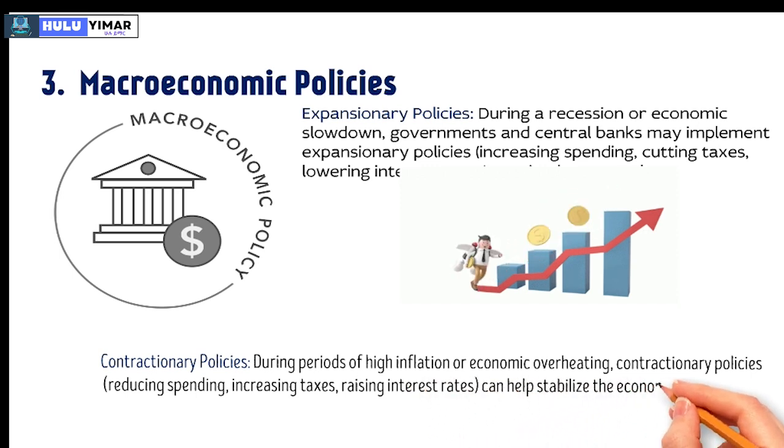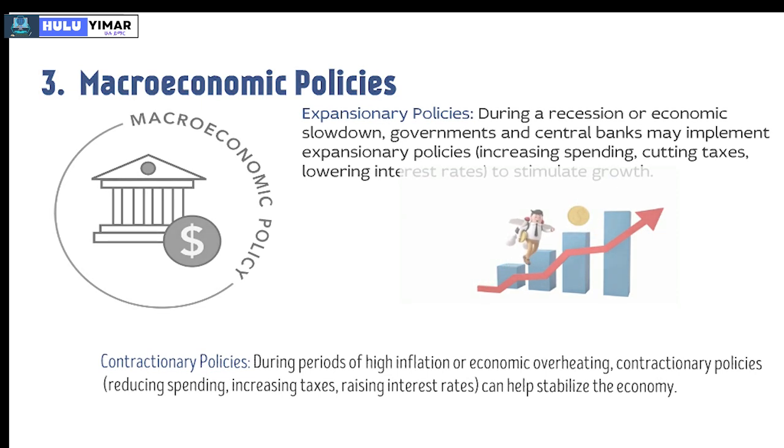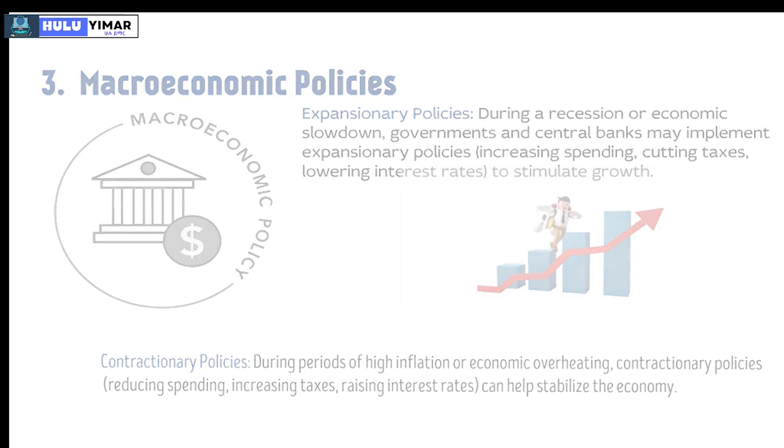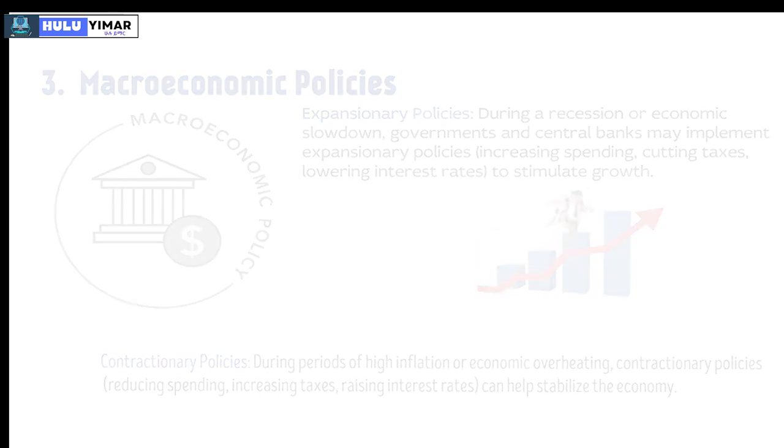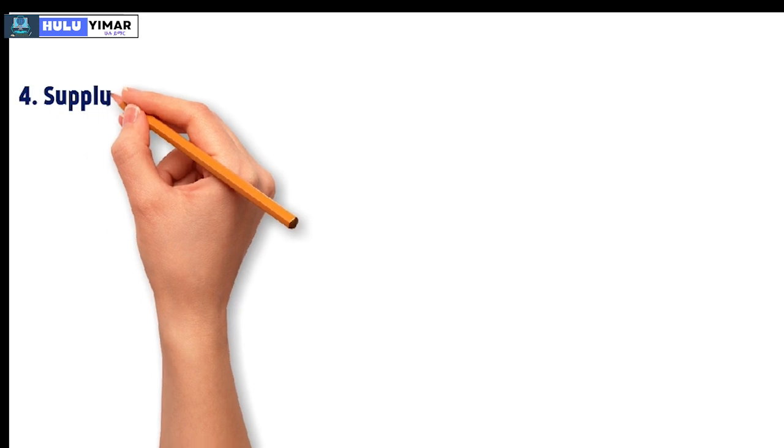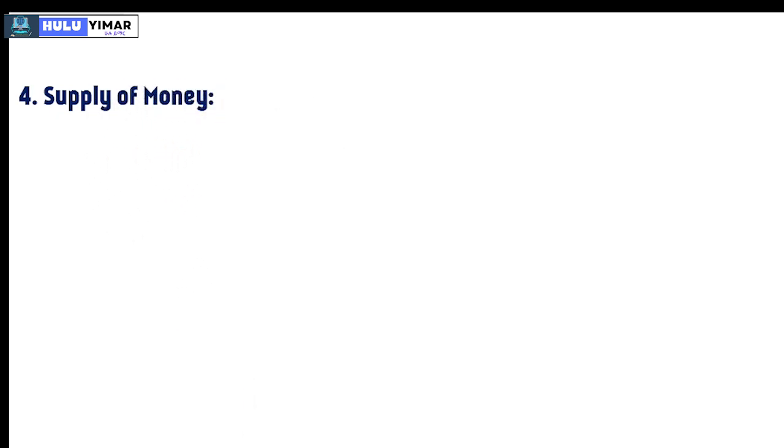That means, the other way around, that leads to contraction. This is how macroeconomic policies for a given country can affect economic fluctuation in the economic system. The next internal factor affecting the business cycle is the supply of money, or money supply.